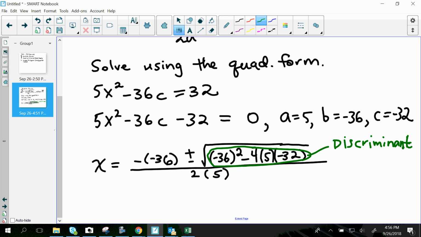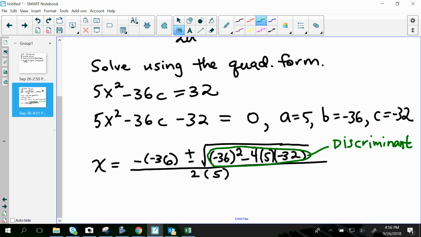And the discriminant will tell us if we have 2 real solutions, or 1 repeated real solution, or 2 complex imaginary solutions. The way we know is if the discriminant is a positive perfect square, it'll be 2 real rational answers.